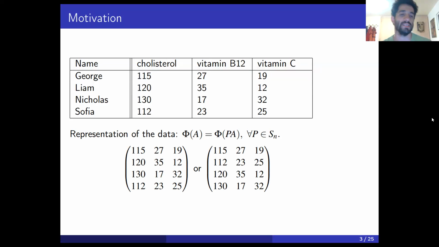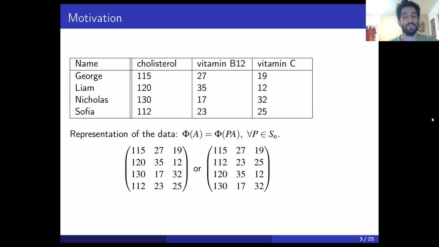Now imagine that here I put the names in alphabetical order. Imagine instead of putting the names in alphabetical order, we just put them in the order that we call these people for their medical exams. Then, for example, first we call George, then we call Sophia, then Liam, and last Nicholas.